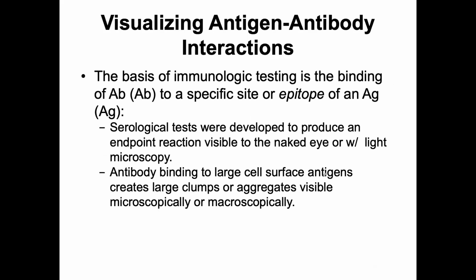So how is it that we see the color change? Well, we want to make it visible to the naked eye, all right, or at least to seeing it through a microscope. And what happens is that when the antibody binds the antigen, it can clump the pathogens that bear the antigen, and we can see them microscopically, or in some cases, even with the naked eye, all right?